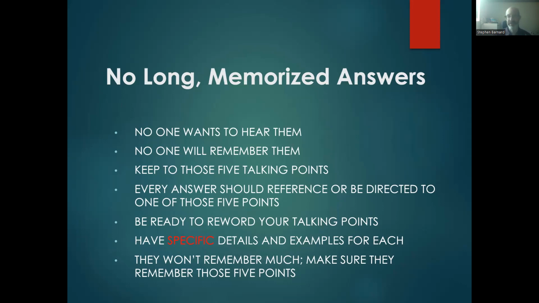And this is speaking from experience. If you talk to someone for 20, 25 minutes, and then the next person comes in, you talk to them for 20 or 25 minutes, and then the next person and the next person, how much do you think the interviewer actually remembers at the end of the day? They're not going to remember much. Make sure they remember those 5 key points. Those are the ones that will hopefully get you the job.